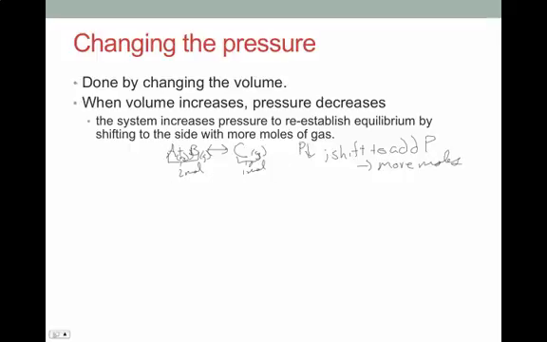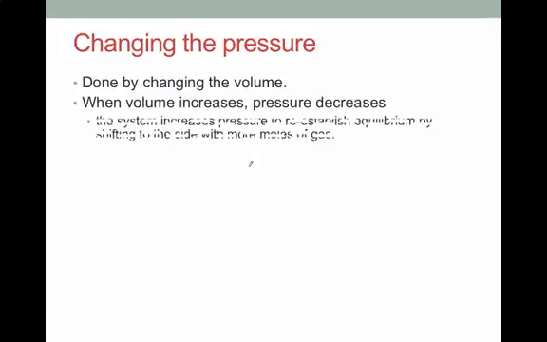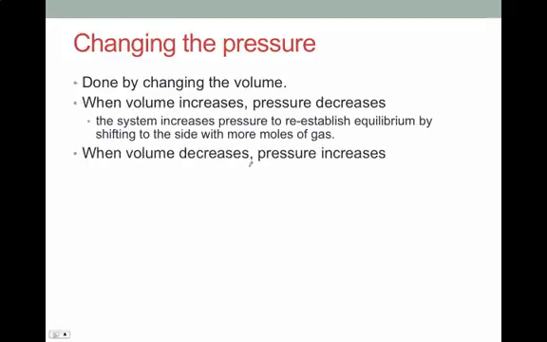So when the volume decreases, pressure increases. If we have A gas plus B gas in equilibrium with C gas, and pressure increases, the system will shift to decrease the pressure.